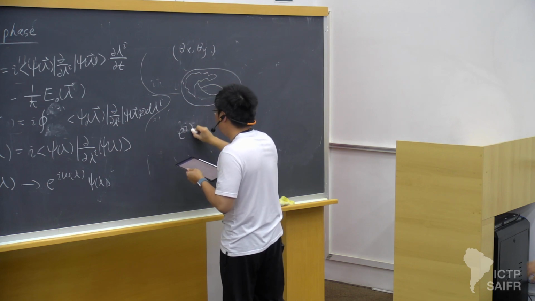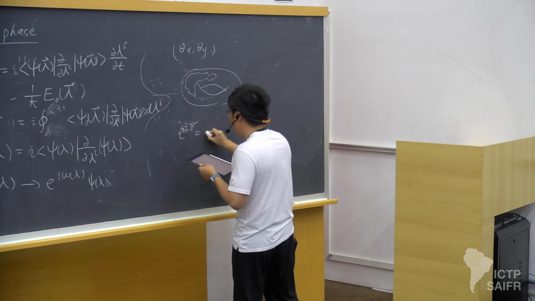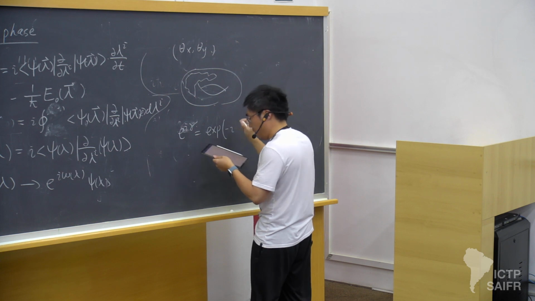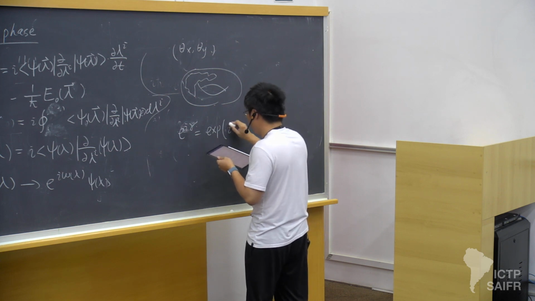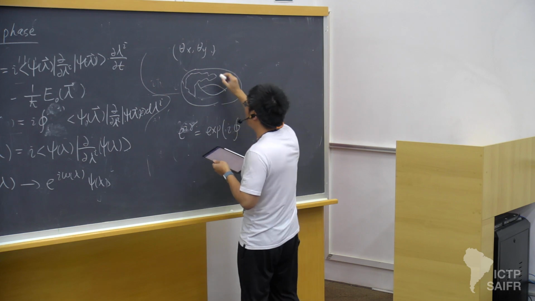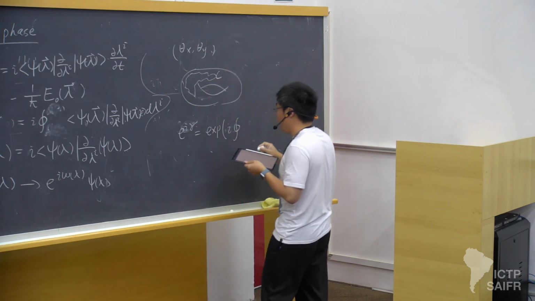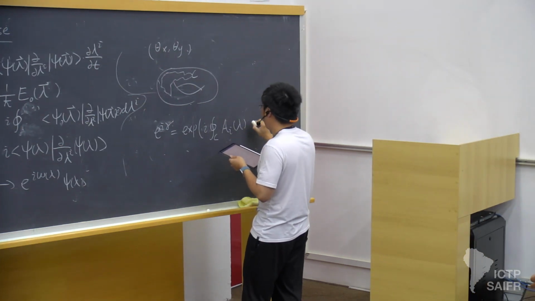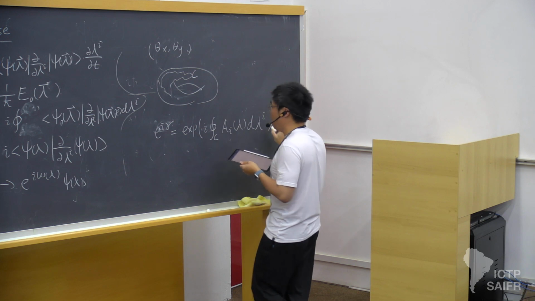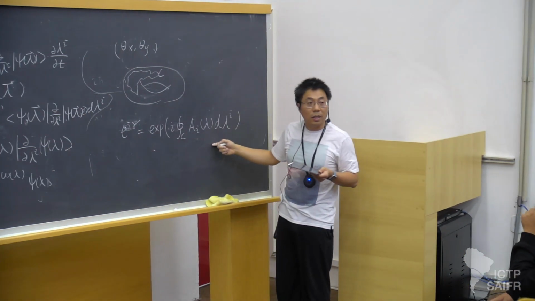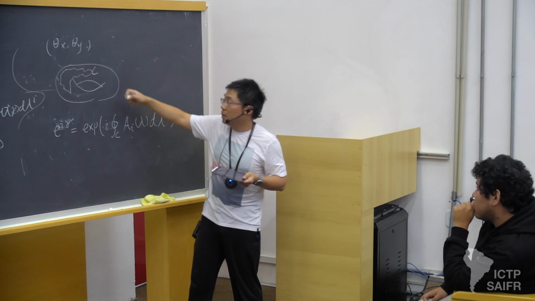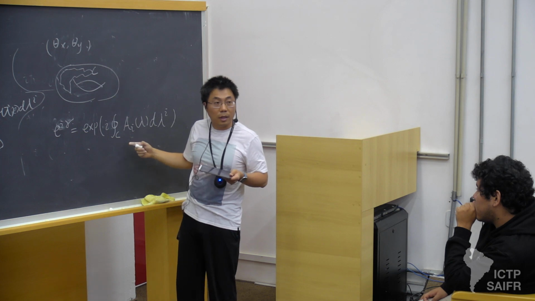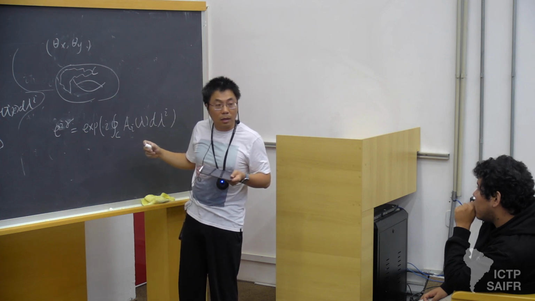The way that you compute it, this gamma is my Berry phase, will be exponential minus I. I may mess up some sign here, so sorry for being sloppy. So let's say we call this loop C, and the Berry phase is really just computed like this, right? And this A_I is the Berry connection that I have in my parameter space, and then I just compute it as this. Okay.